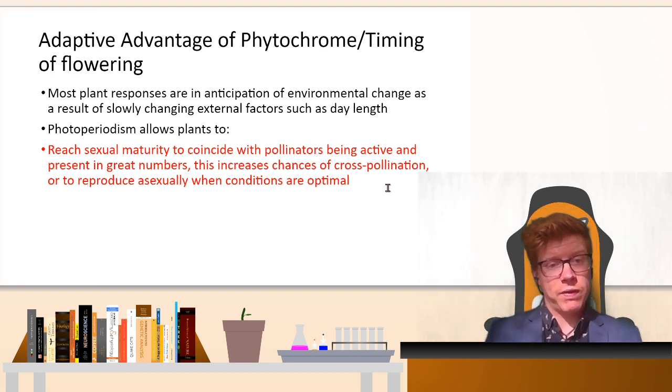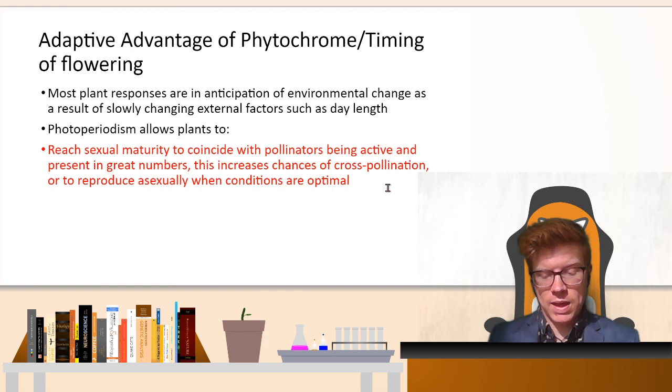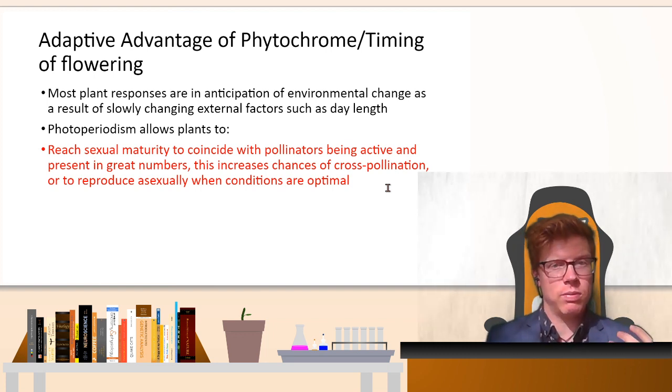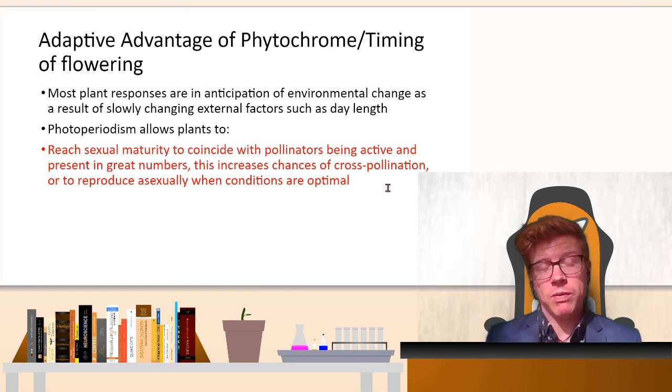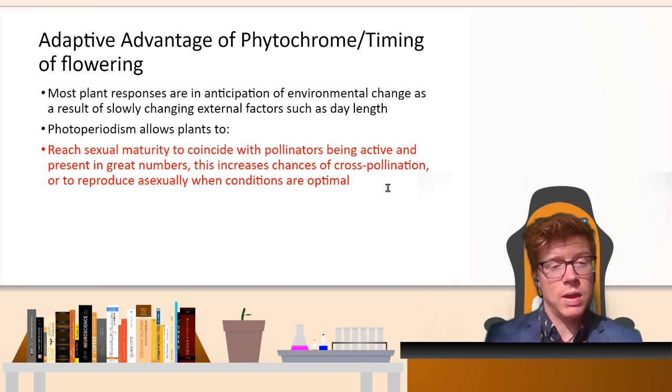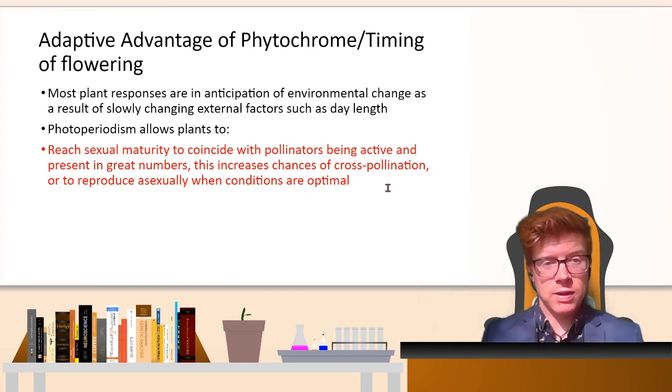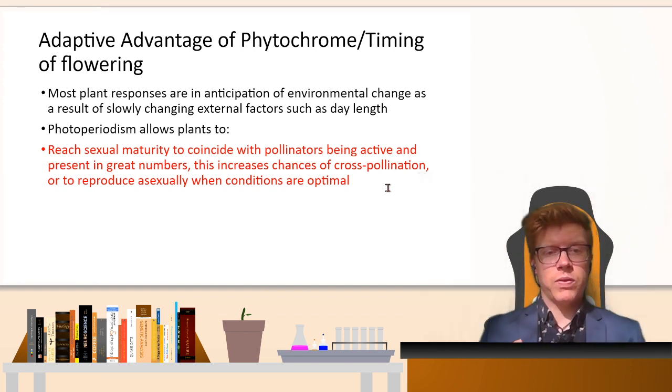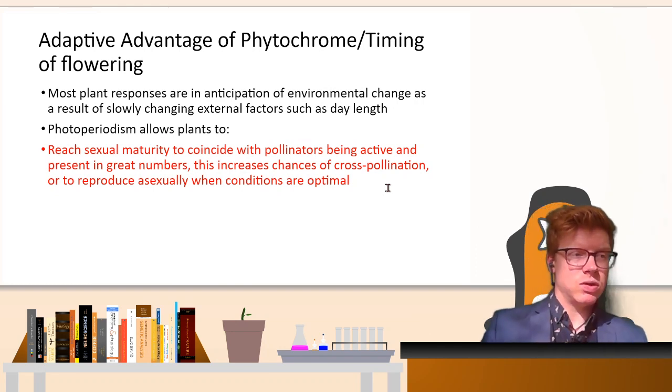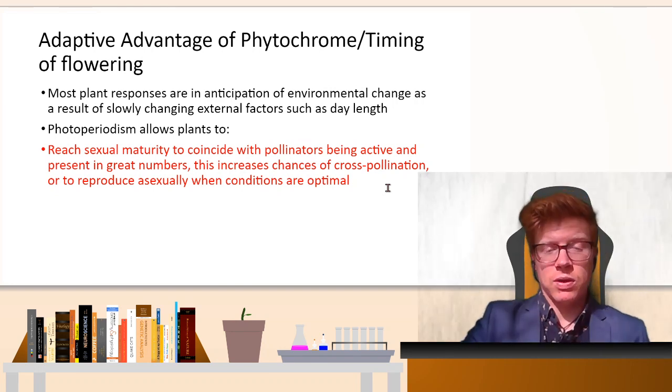If we're thinking about how different plants have different pollinators, it's really important that you're able to flower at the right time. And if you can time that in a way that lines up with your pollinators, that might provide you a selective advantage over other plant species that are competing in your space, but also against other plants within your species that might want to outcompete you to be present in the next generation.